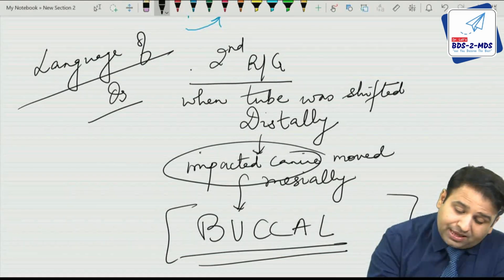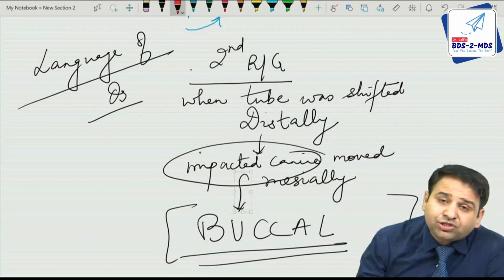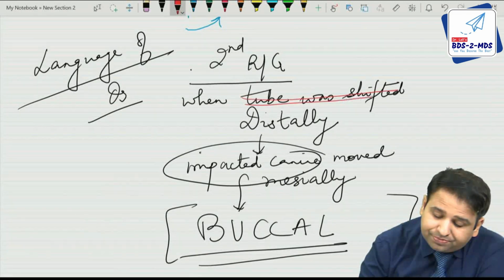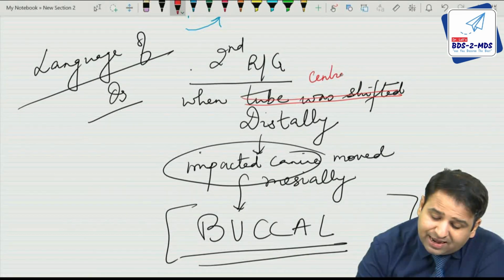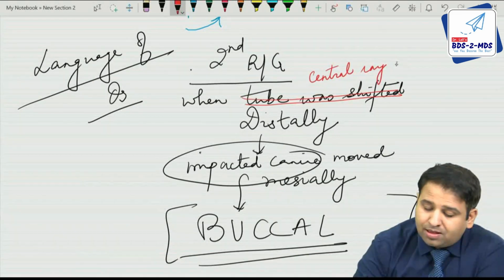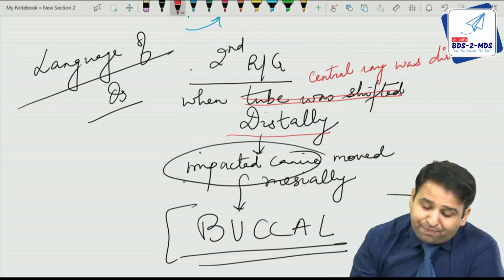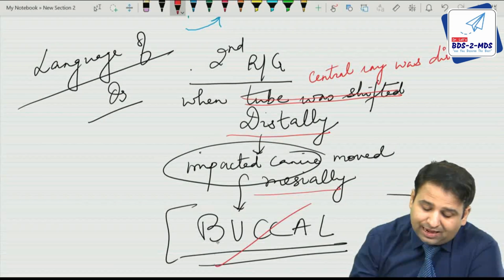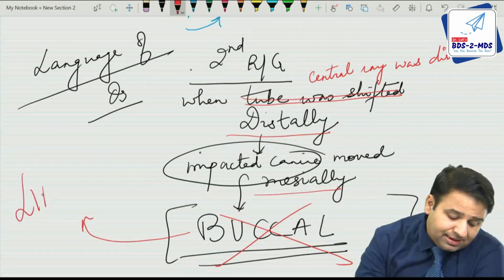But if the language of the question changes, and they say that rather than the tube being shifted distally, the central ray was directed distally, and the impacted canine moved mesially, so that means it is not lying buccally, it is lying lingually.